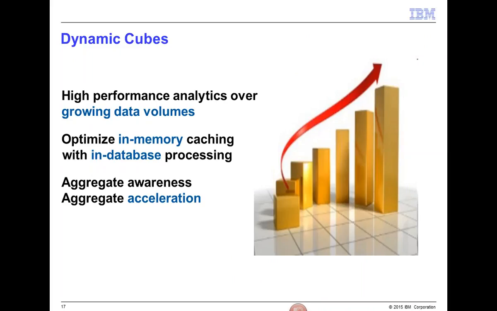Okay, so let's talk about dynamic cubes. If you already are a customer who uses IBM Cognos, you should have this in your stack. It's nothing that you have to buy in addition to what you already have. It is a DMR, or dimensionally modeled relational, data source that caches data.